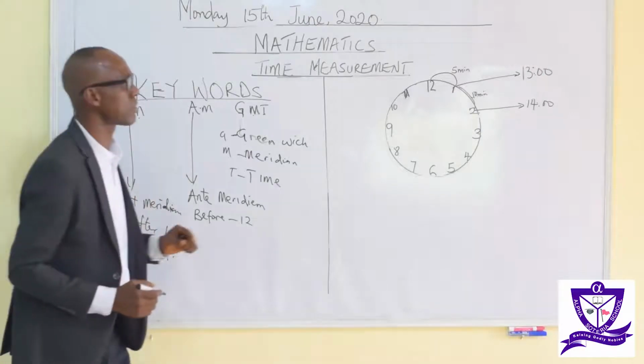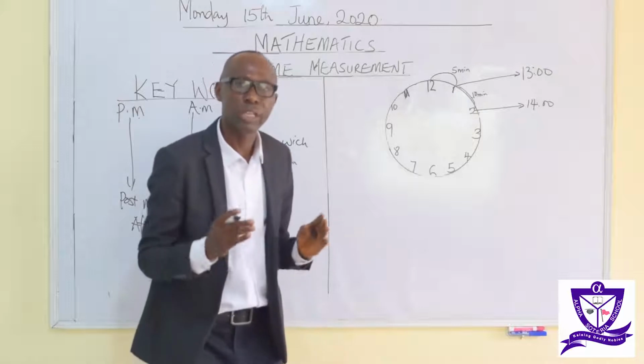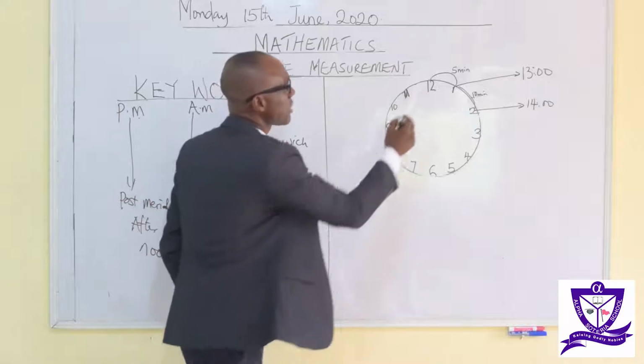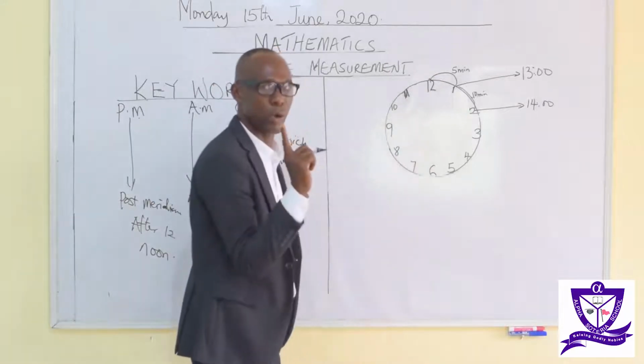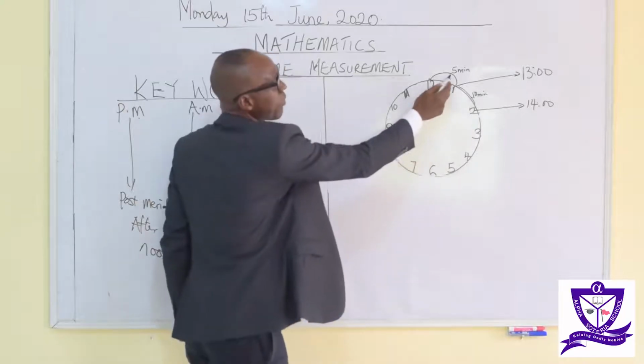Let's take for instance, in this clock, how do we measure the time when it is after this 12? Remember one thing, between 12 and 1, we have 5 minutes.